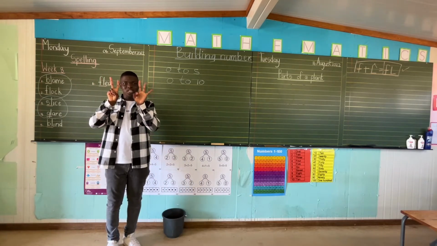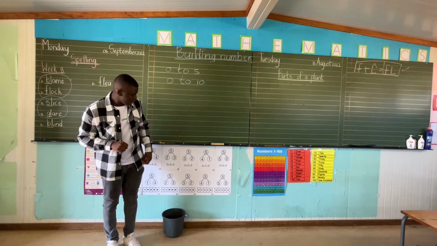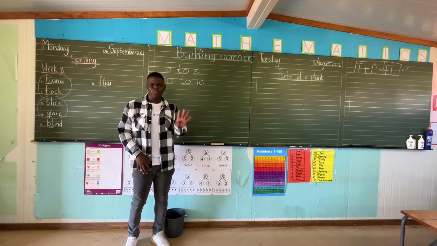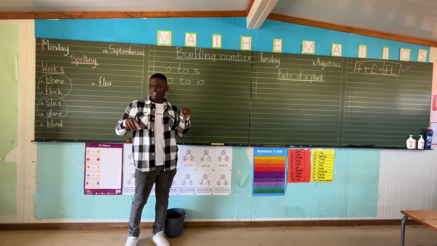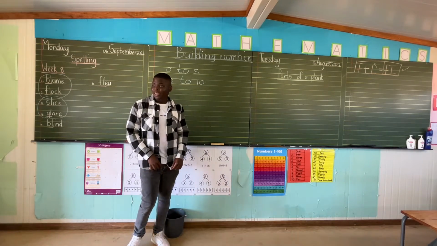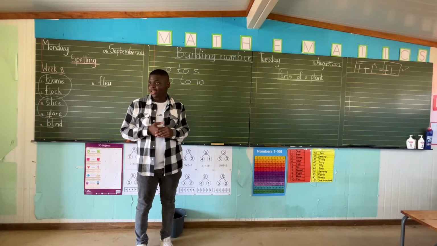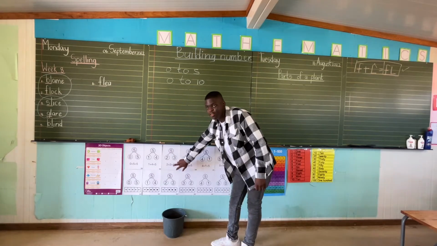When we count them in total, what do we get? Yes, we also get 5. And here we also have 4 and 1 again. Yes, we still get 5, right? But then we are getting 5 by using different numbers. Do you see that? You can use different numbers to get the same number, which is 5.